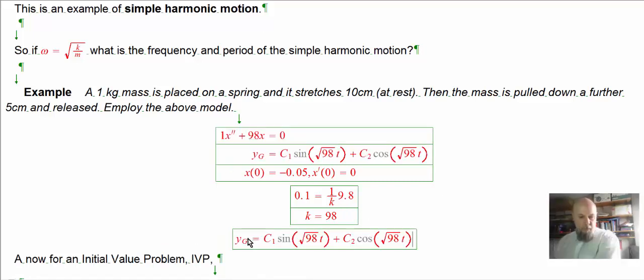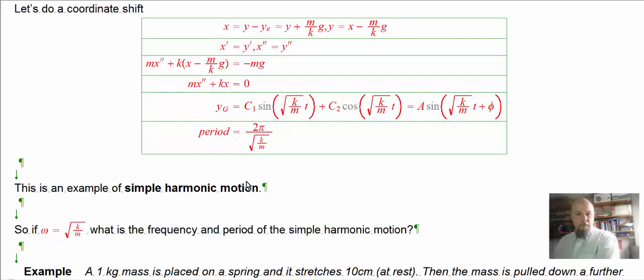Since we're doing this in x's, these should all be x's here. Let's go back up here. Right, because that's the general solution, the homogeneous solution, but in terms of x.